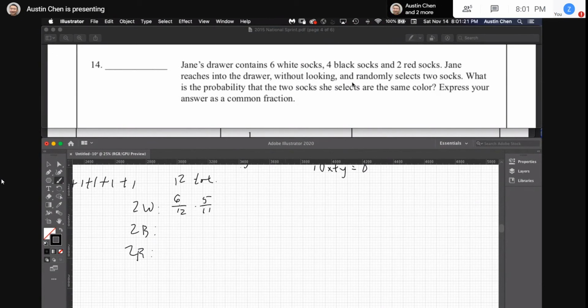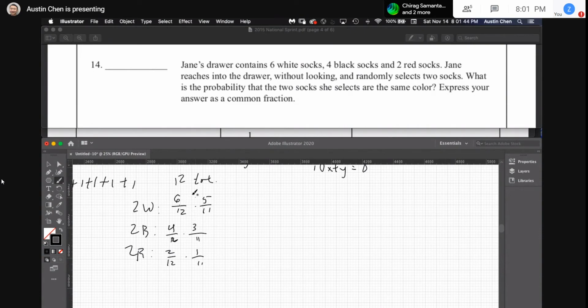We assume that she is doing it without replacement, like you choose a sock, but you don't put it back in. Okay, this will just be 4 12ths times 3 11ths, 2 12ths times 1 11th.